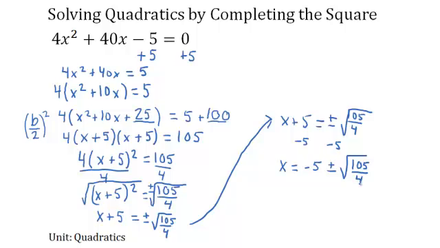Now from here you could decide, do you want a decimal answer, something that wouldn't be in exact form but maybe more useful. Then you'd go ahead and take the negative 5 and add the square root of 105 divided by 4, and then negative 5 minus the square root of 105 divided by 4 to get two different answers. But for right now, we'll just leave it in exact form and call it good.